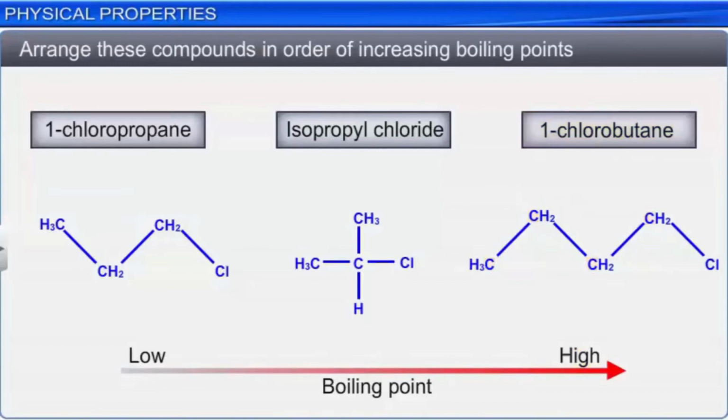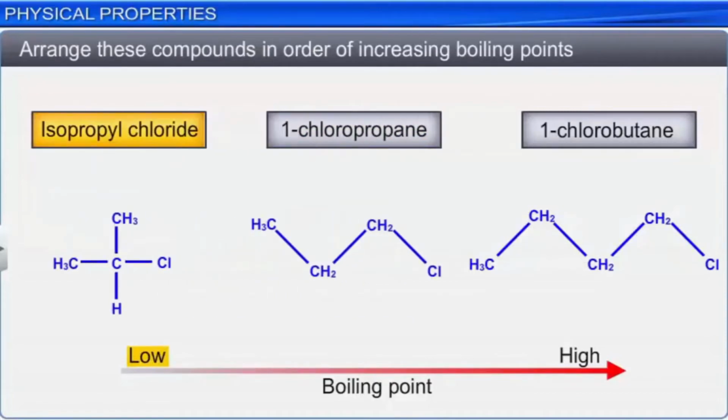The other two compounds have 3 carbon atoms each, but 1-chloropropane is a straight chain, while isopropyl chloride is branched. Branched molecules have lower boiling points. So, isopropyl chloride should have the lowest boiling point. 1-chloropropane is in the middle.